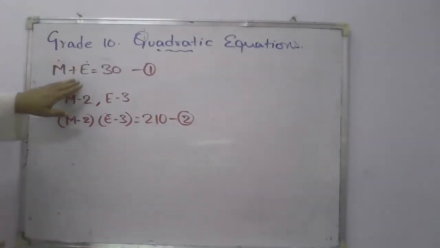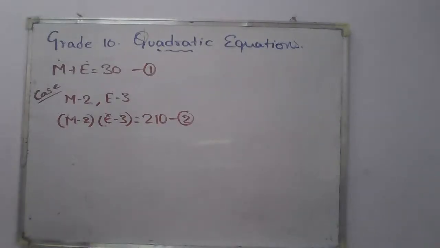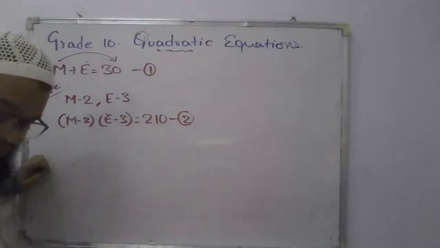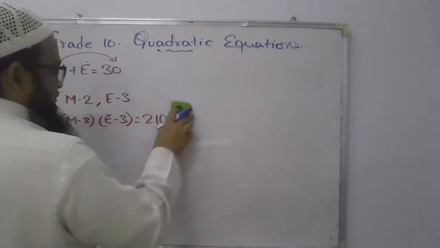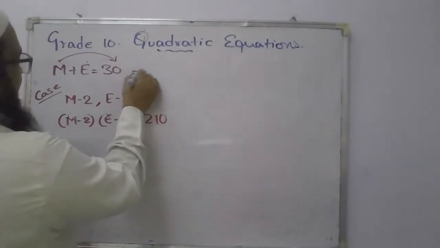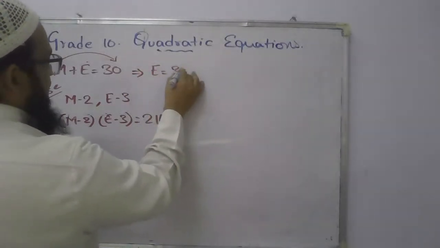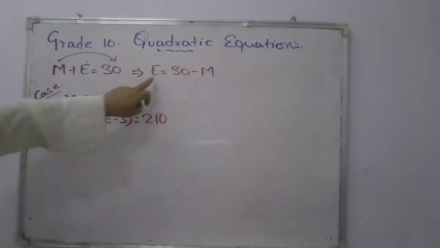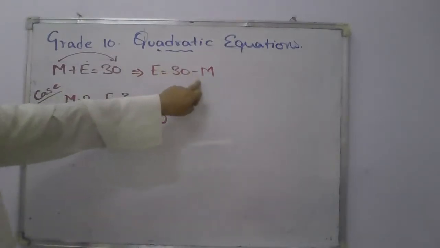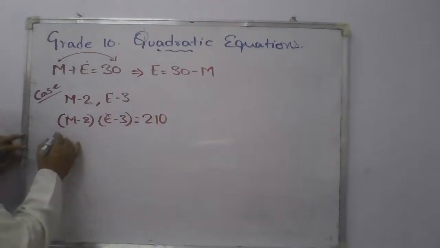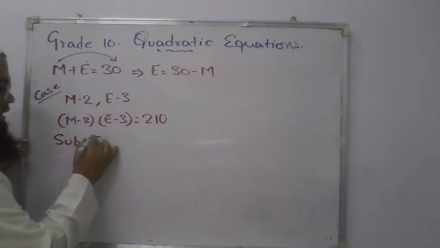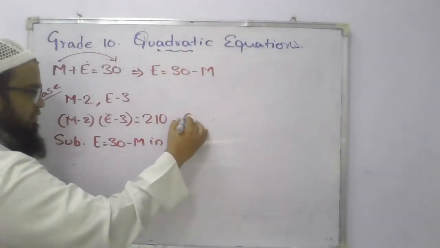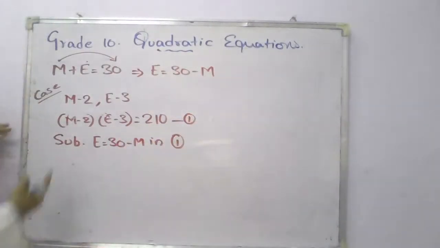From the first equation we have to do something. So transpose m, that implies English marks is equal to 30 minus m. Understood? Now in place of English, substitute 30 minus m in the second equation.